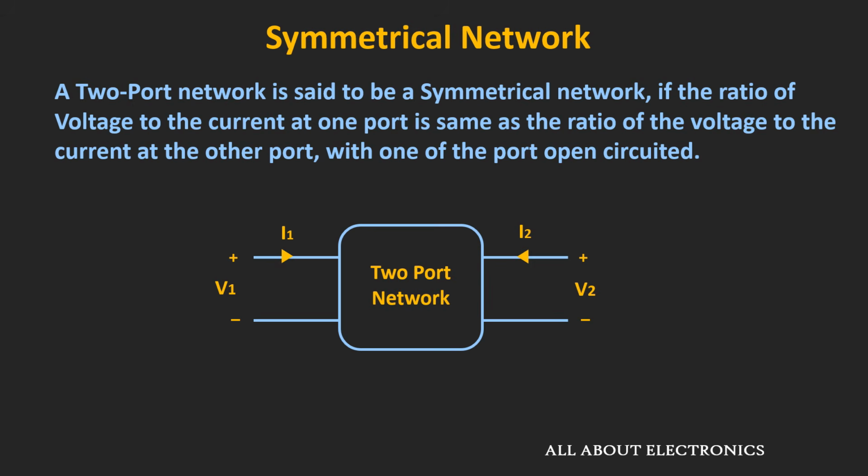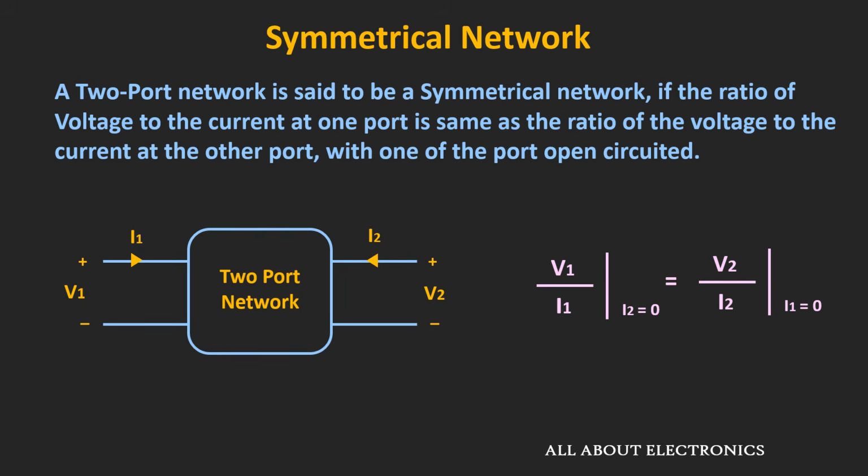That means if the ratio of V1 and I1 with I2 equal to 0 is the same as V2 divided by I2 with I1 equal to 0, then we can say that the two-port network is the symmetrical network. Or in other words, when the input impedance is the same as the output impedance, then we can say that the two-port network is the symmetrical network.